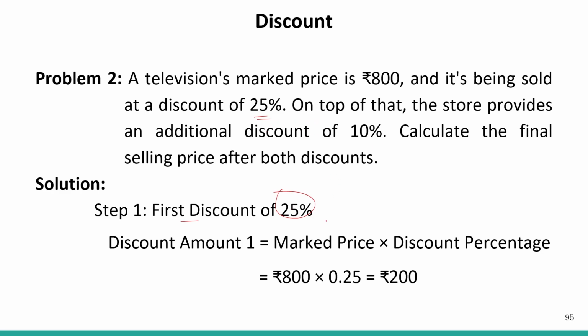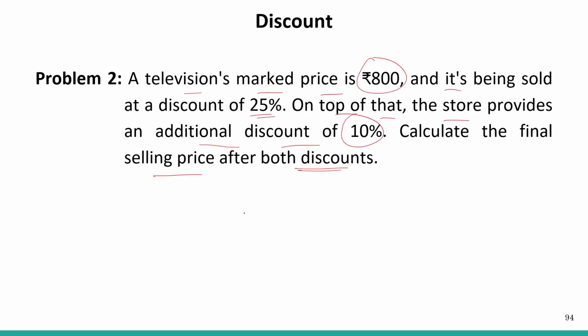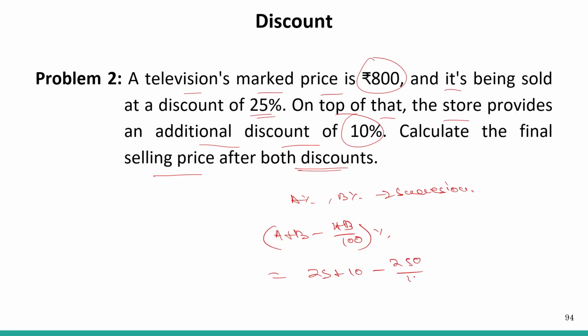So we can also use the successive discount formula. If A percent discount and B percent discount are given in succession, then we can use this formula: A plus B minus AB by 100. So this will be 25 plus 10 minus 250 by 100.